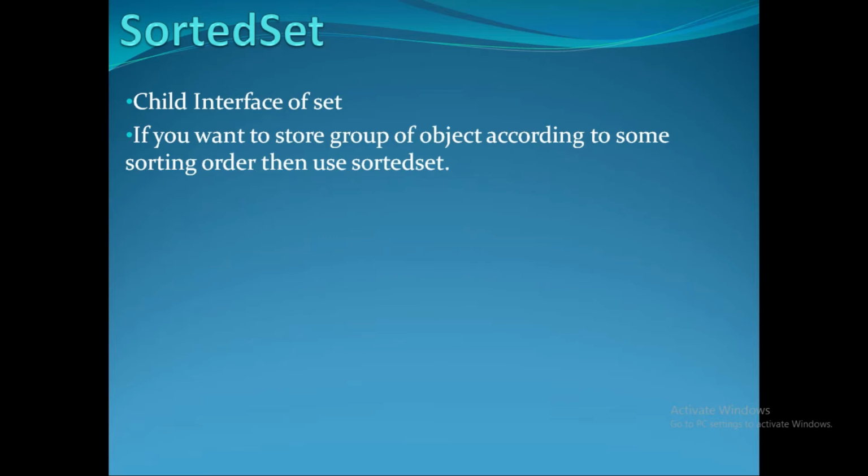But you may have a requirement where duplicates should not be allowed, but you want to store the elements according to some sorting order, not according to the insertion order.